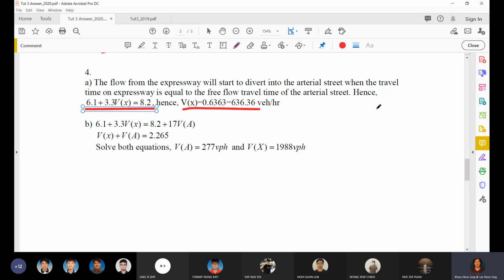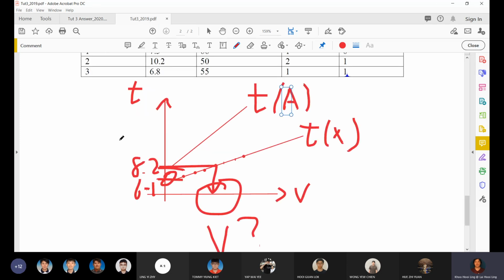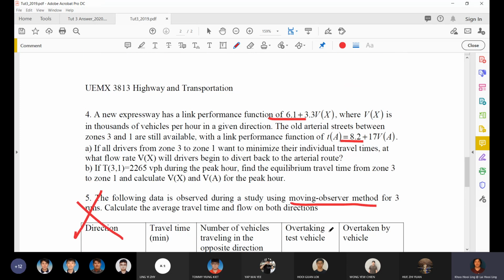All right. So at the end of the day, at the equilibrium in question B, we know that a total of 2265 vehicles per hour is going to flow between zone 3 and zone 1.